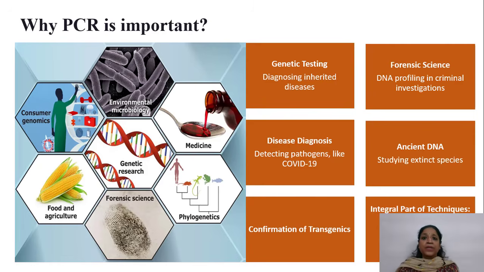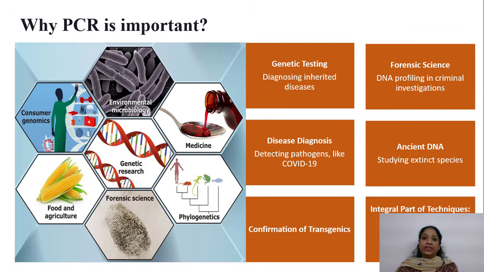For example, in medicine, PCR is critical for diagnosing diseases. It helps detect infections caused by viruses or bacteria by amplifying their DNA or RNA, even when they are present in extremely small amounts. In forensic science, PCR is used to analyze tiny traces of DNA from crime scenes, helping to identify suspects or victims.